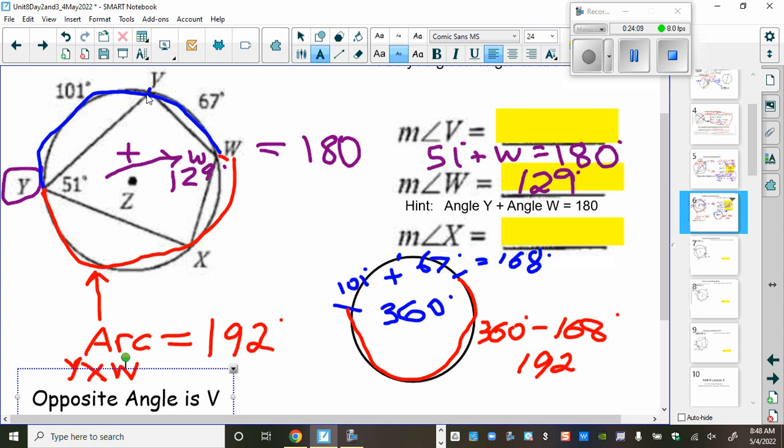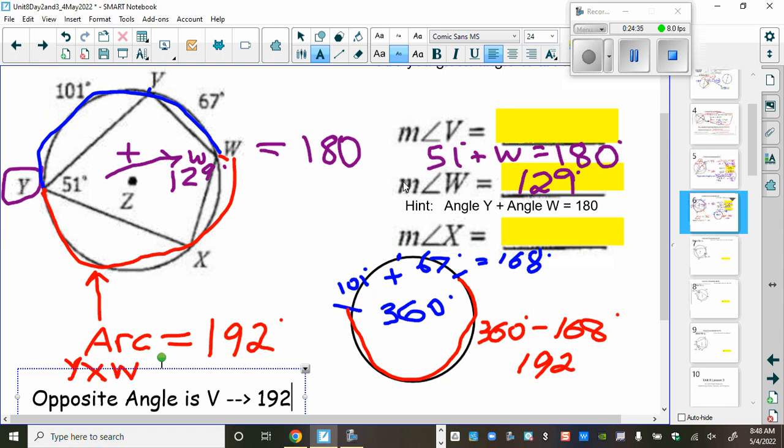Not center. So since V is not center, then this arc, 192, do we keep that angle or are we dividing by 2?